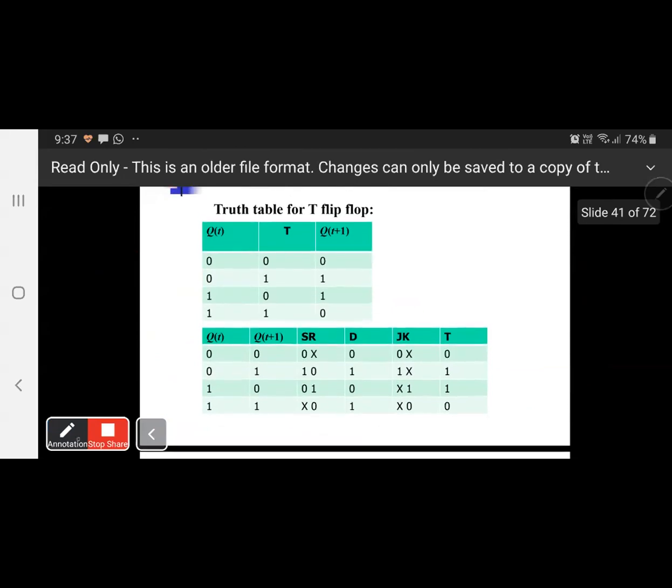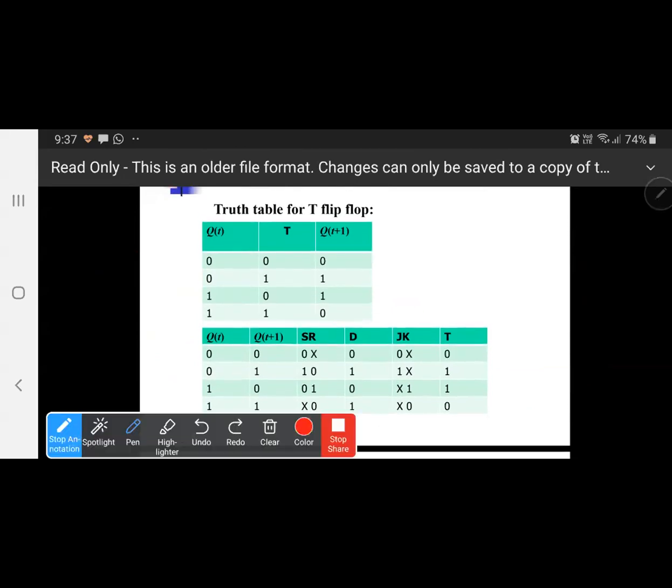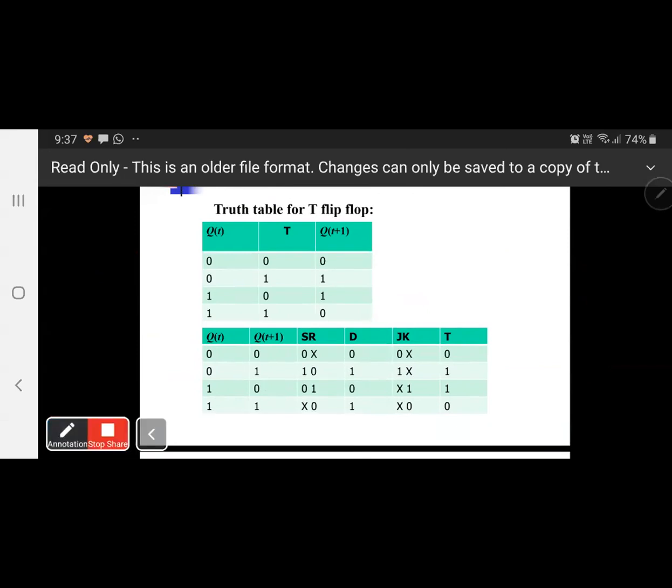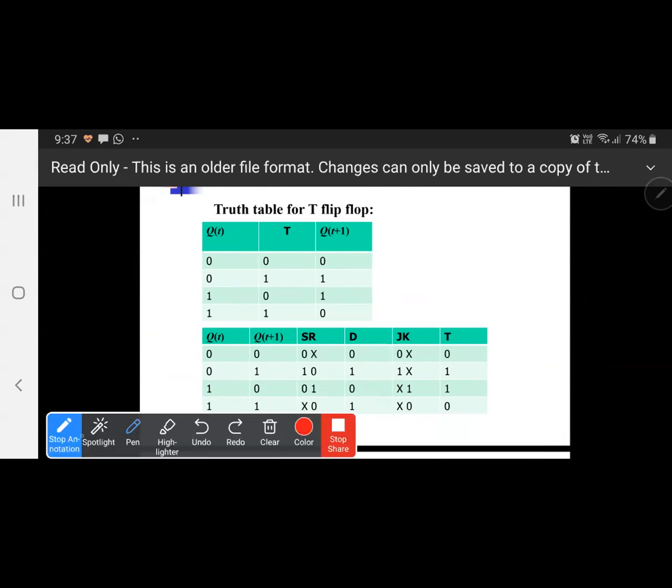You should know the truth table and the excitation table, all these things. So here you can see for QT and QT plus 1, for D flip-flop QT plus 1 is equal to D. So this is the equation for D. For SR, we have done 0, don't care, 1, 0, 0, 1, don't care, 0. For JK, we can find the same way, and we will get this equation.